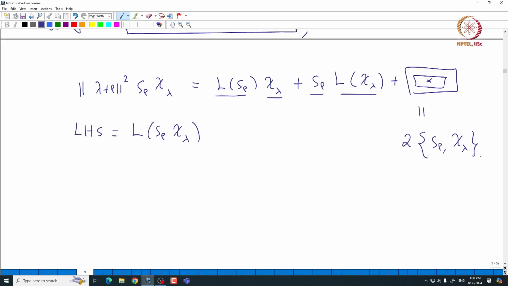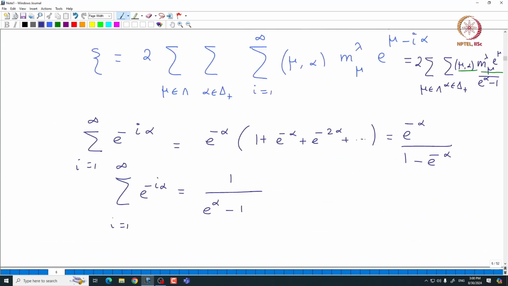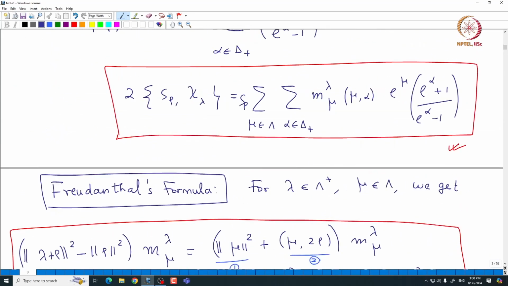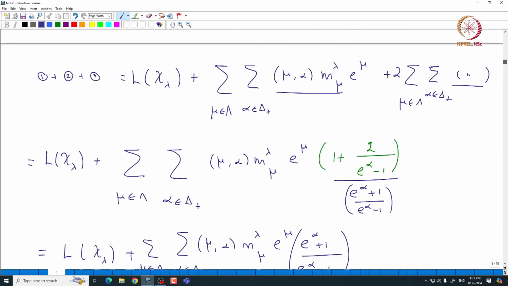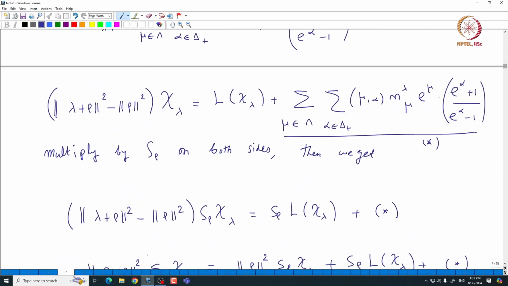But if you recall the identity that we already have, which I proved in the beginning using the formula that we established before, this twice S rho chi lambda is exactly given by S rho times the summation over mu in capital Lambda, summation over alpha in delta plus, where the coefficient is given by mu alpha times m lambda mu e power mu times e power alpha plus 1 divided by e power alpha minus 1, which is the term that exactly appears here on this star.